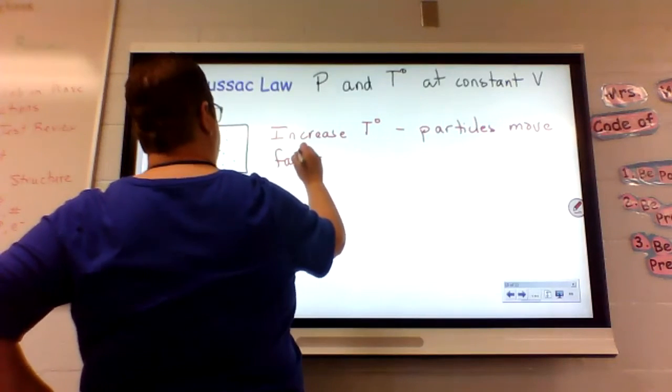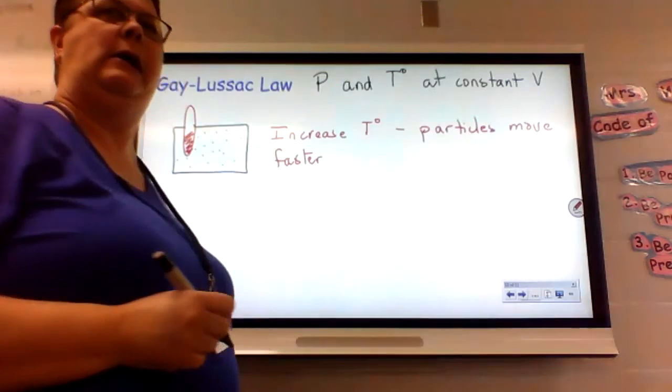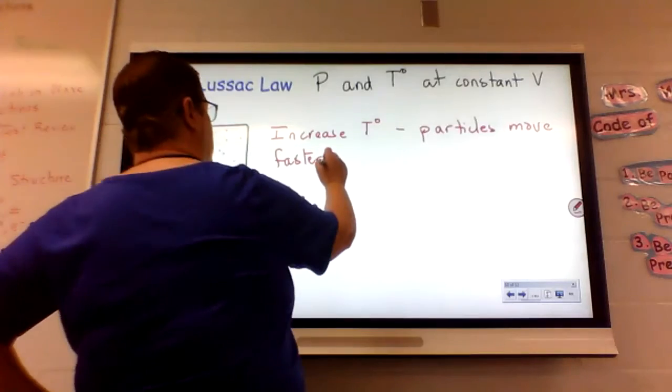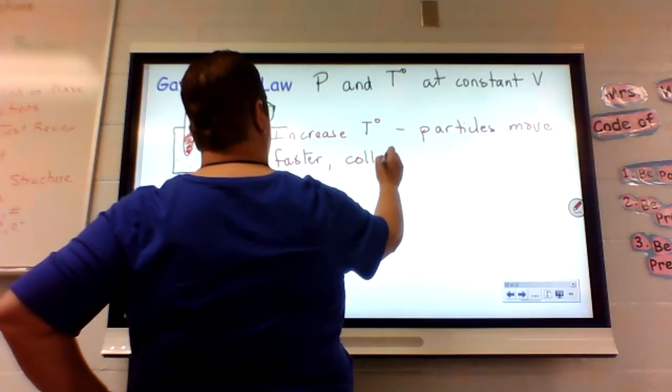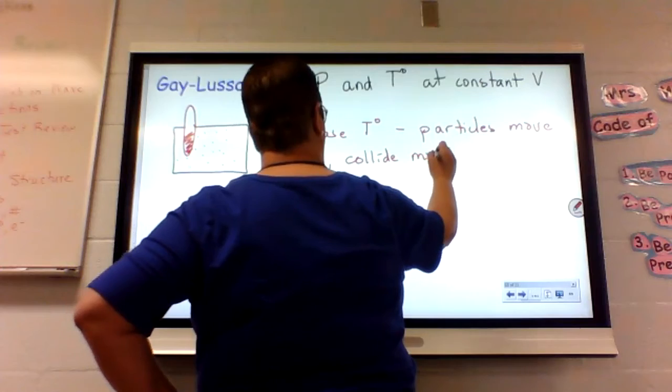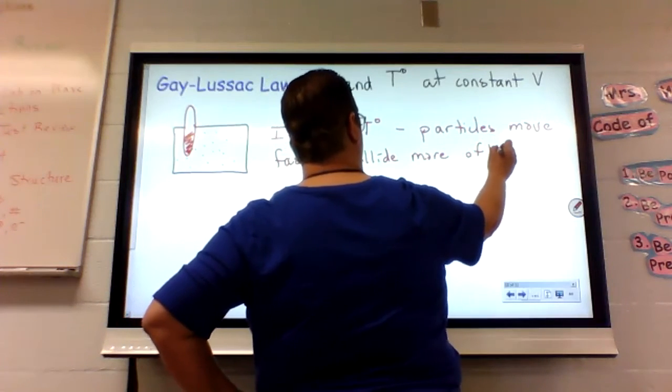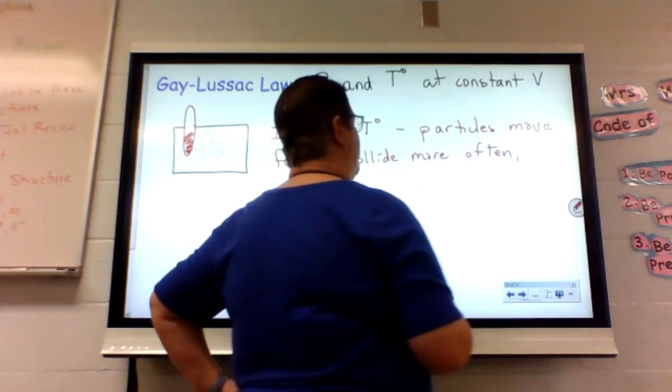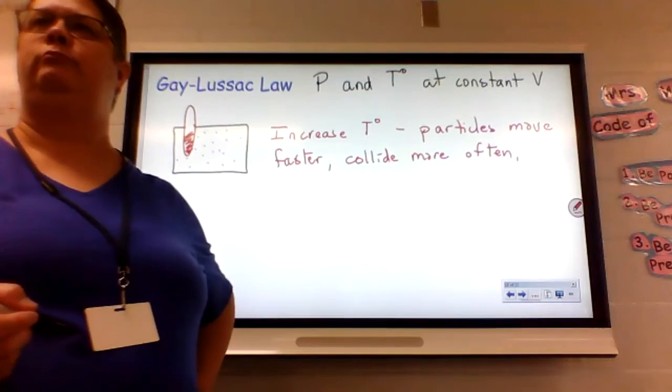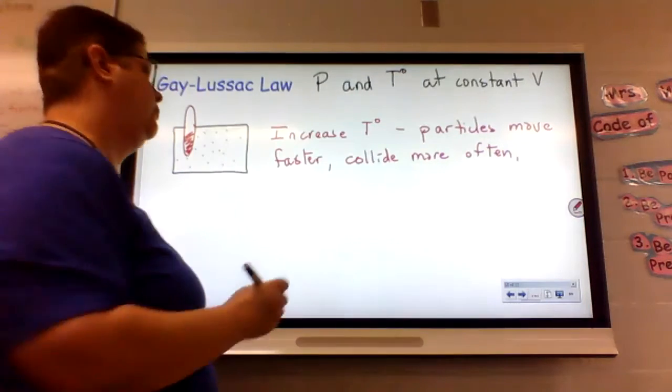So if they move faster, what are they going to do more often? Bump into each other. They're going to collide more often. Now, if they collide more often, what happens to their pressure? That's right. Pressure will increase.